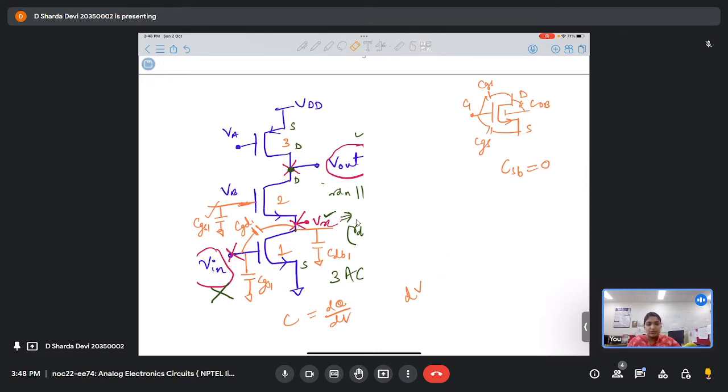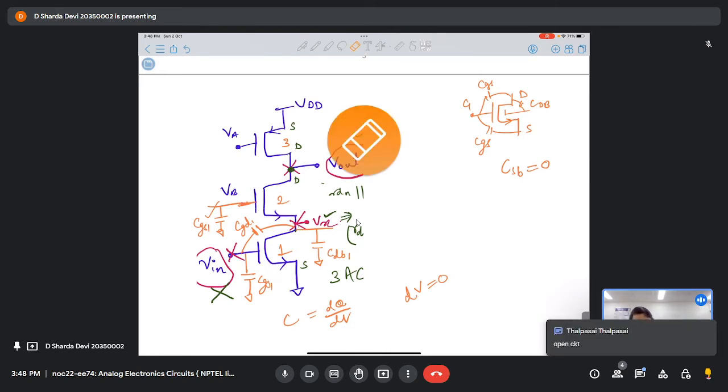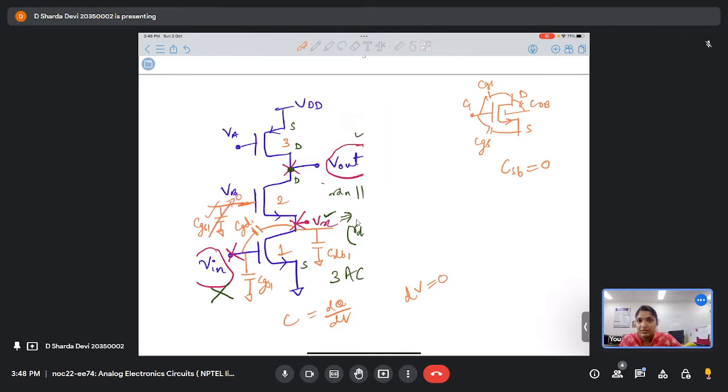So dV is basically equal to 0, because it is a DC node, so there is no voltage fluctuation. And when there is no voltage fluctuation, there is no charge fluctuation, and when there is no charge fluctuation, there is no capacitance. So this CGS will not come into the picture. Is this clear? I hope this is clear.